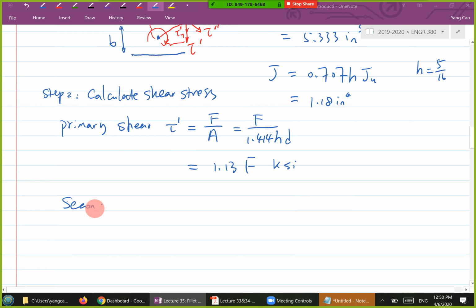Secondary shear. As I mentioned, you need to calculate this separately. One is the tau y double prime, tau x double prime, right? And then here is the torque.